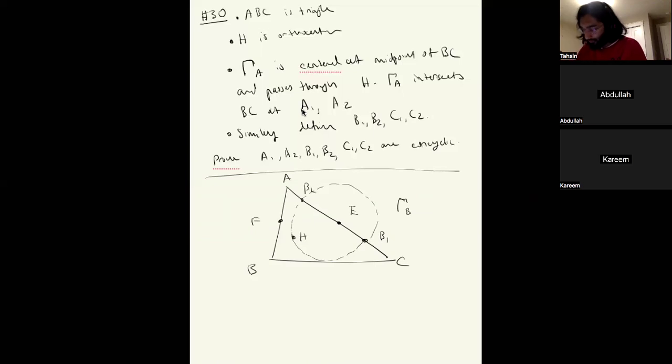And then we have gamma C like this. This is F, this is gamma C, and then C1, C2. I won't draw A1 and A2, but you know they're defined similarly. We want to show that these 6 points are concyclic.